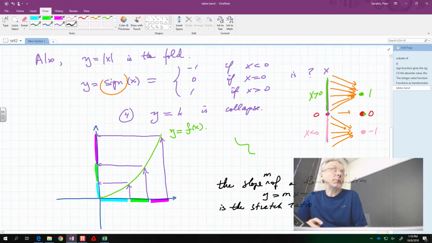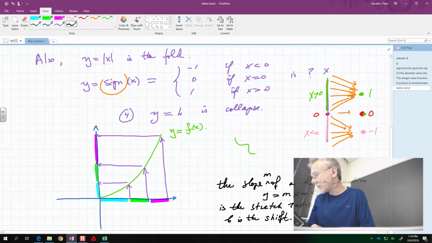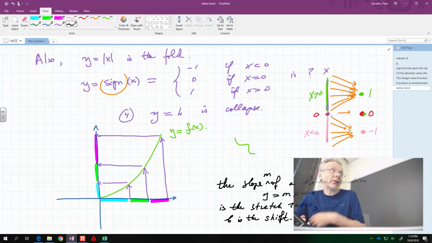No matter what b is, b is a shift. Okay, worth mentioning. b is the shift, and m is the stretch or shrink, depending on whether it's larger or less than 1. If m is also negative, there is also a flip present.